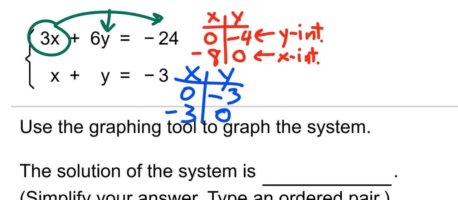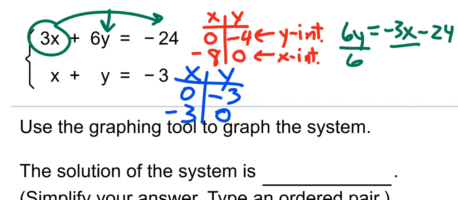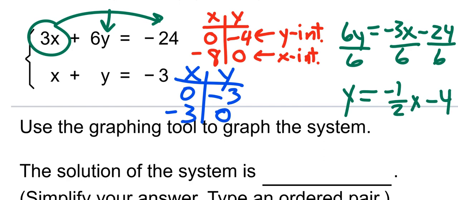I'm going to subtract it. So I've got 6y equals negative 3x minus 24. Now what? You're going to divide by 6, and you're going to come up with y equals negative 1/2 x minus 4, because you like to put it in slope-intercept form.